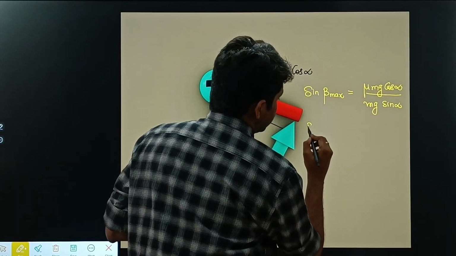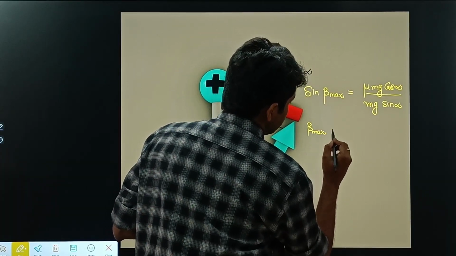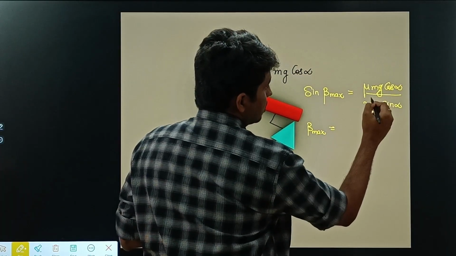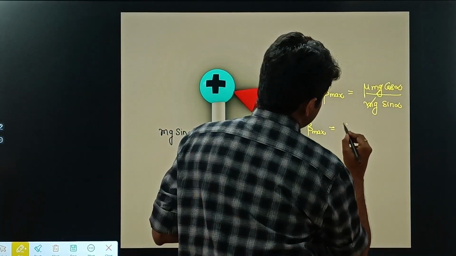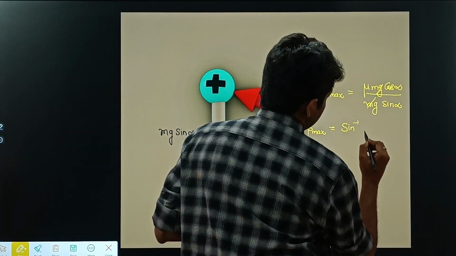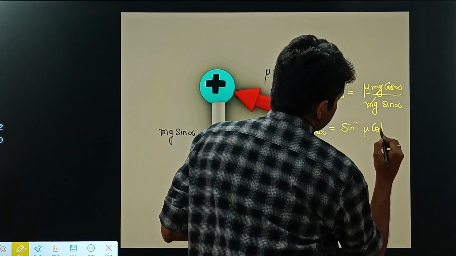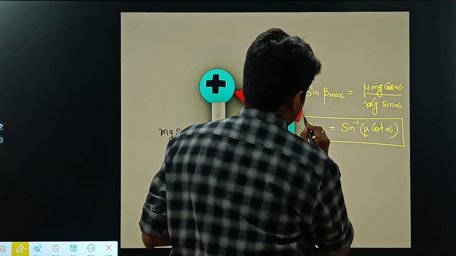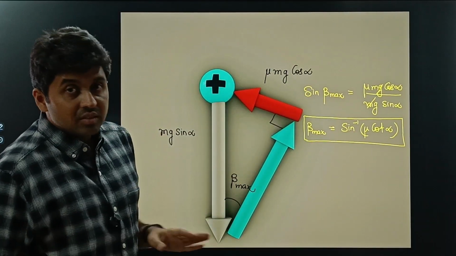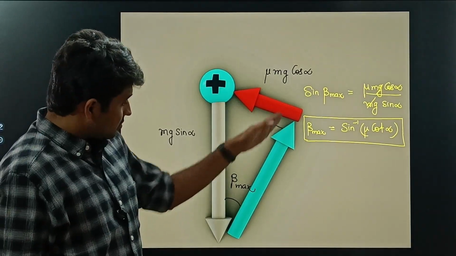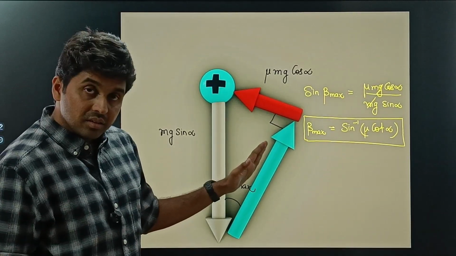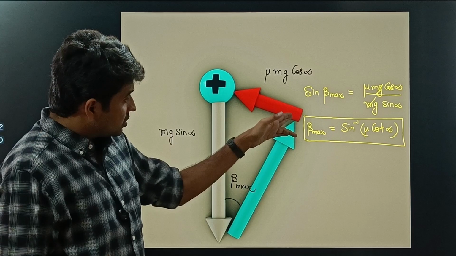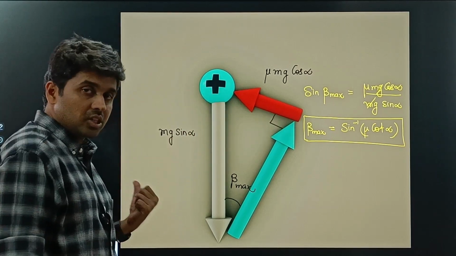So I can write this beta max equal to, we can cancel out these both, so we'll get sin inverse mu cot alpha.